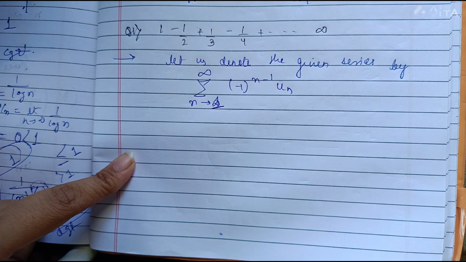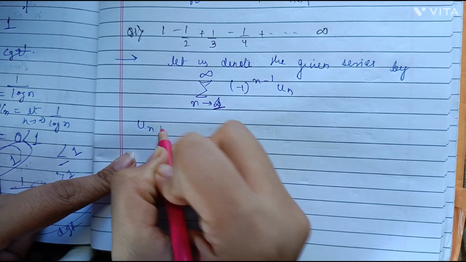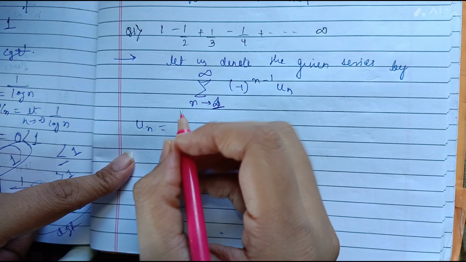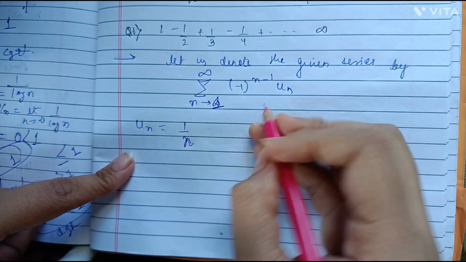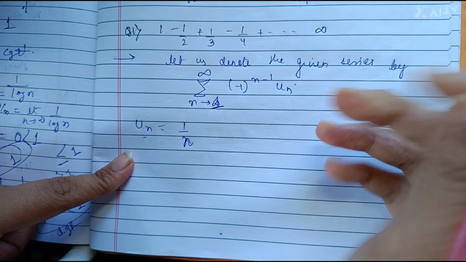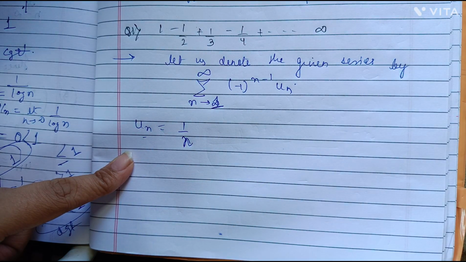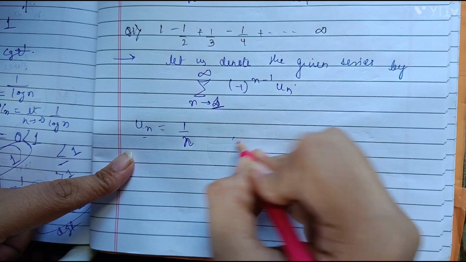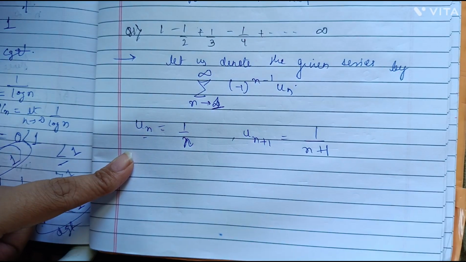This is the representation for an alternating series. Now you have to write the nth term. So the nth term is simply 1 by n, in place of un. Actually, I'm not writing the minus 1 to the power n minus 1 here, that I will manage afterwards. Let's go very basic.